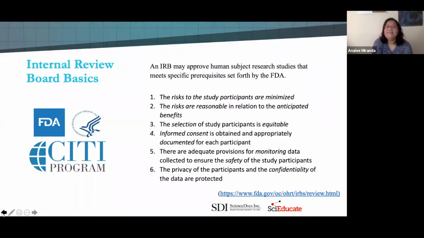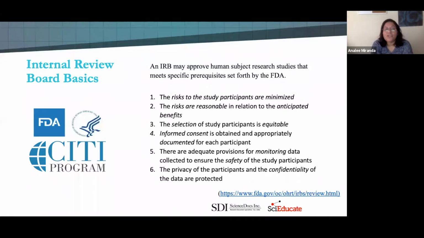Okay, a little bit about the IRB, Internal Review Board. They basically try to minimize the risk to the study participants and make sure that the risks are reasonable, okay? And that's in relation to some anticipated benefits as well. So you always have to think about the risk versus the reward, and the IRB helps you do that.